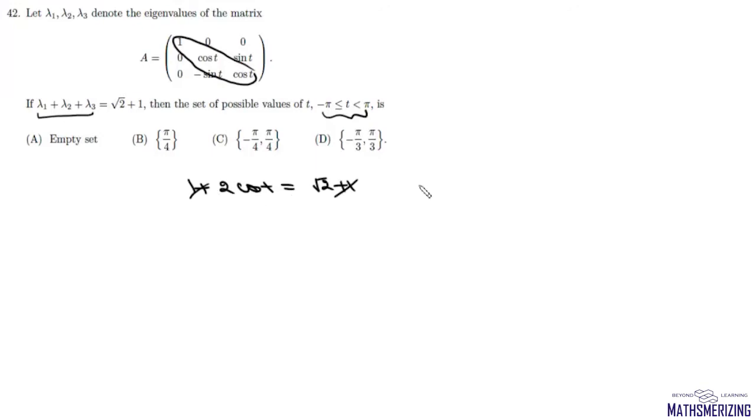Now 1 and 1 will cancel. We can simply write cos t as 1 by root 2. Now in this interval, the values of t will be minus pi by 4 and plus pi by 4, and that's your option C.